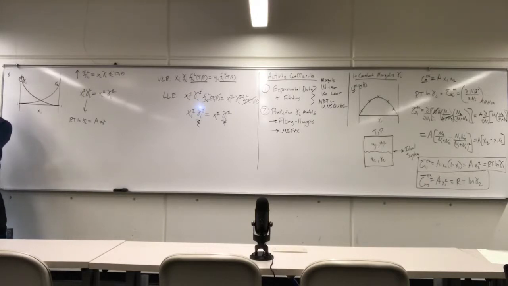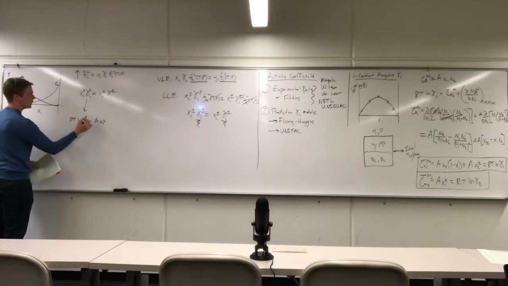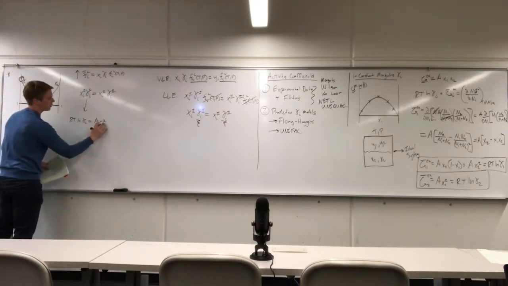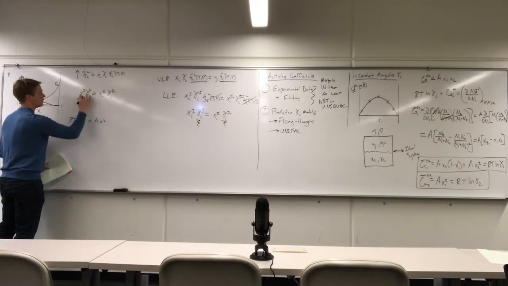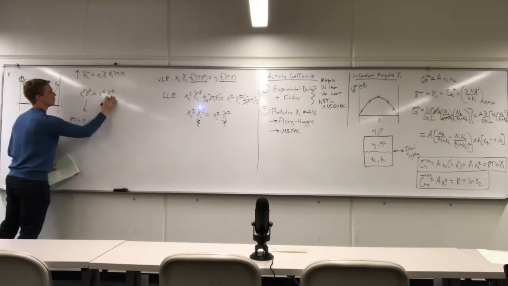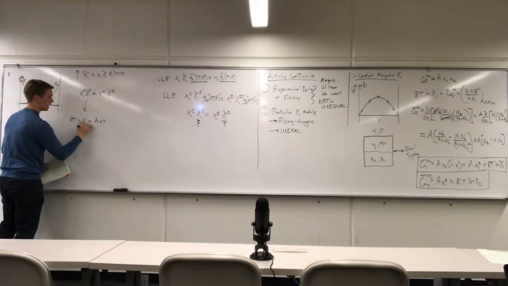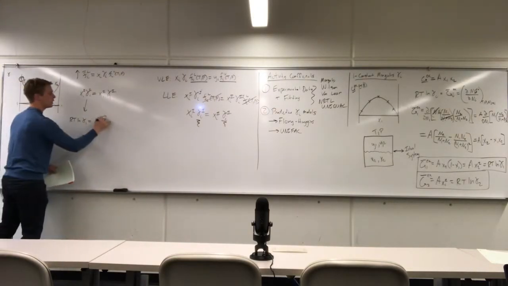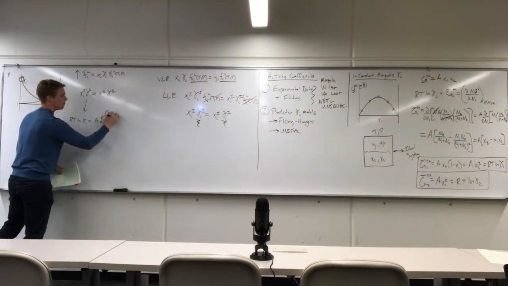Now, by far the largest challenge of liquid-liquid equilibrium is keeping track of the coefficients. Because based on this expression we're looking at here, let's put ones here because we won't be able to use the same nomenclature. This would be activity coefficient of species 1 is dependent on the composition of species 2, which in this case here is 1 minus the composition of species 1 in phase 1 squared.